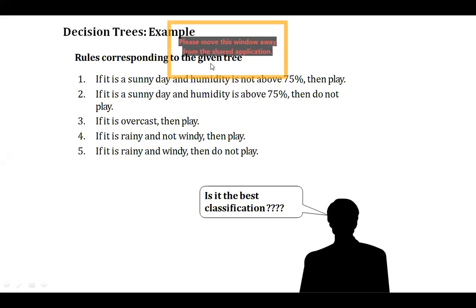Here it's just a game, so it will not affect any research. But for some real-time applications, we have to make an exact prediction. So that is why the decision tree plays an important role in classifying your data.